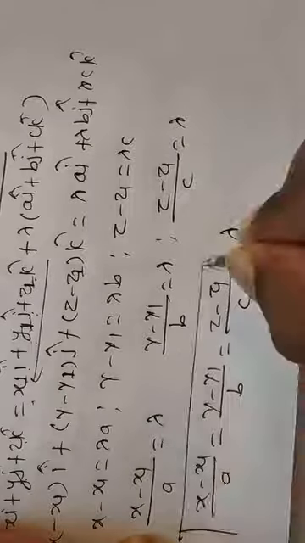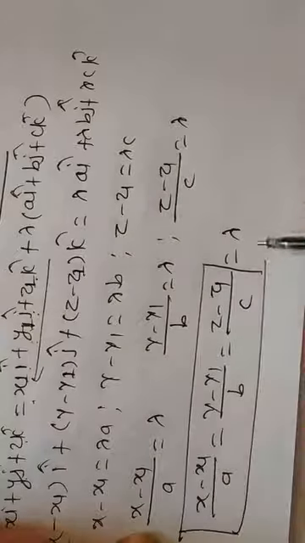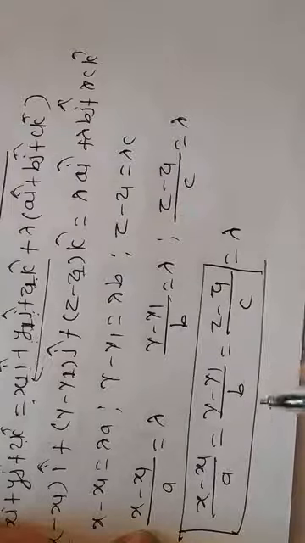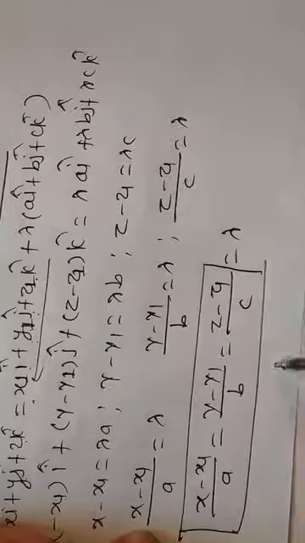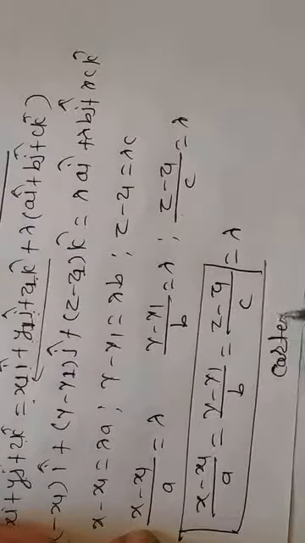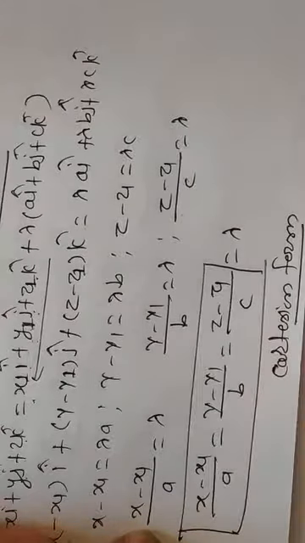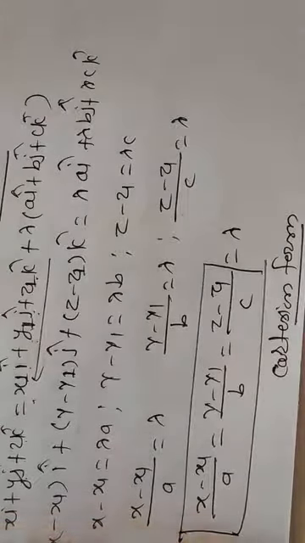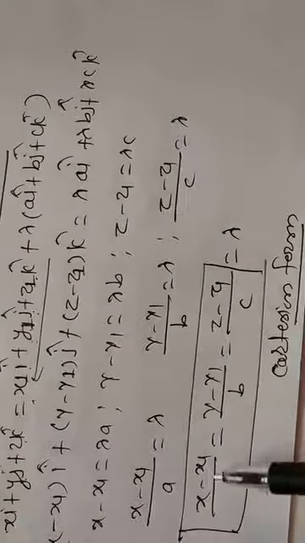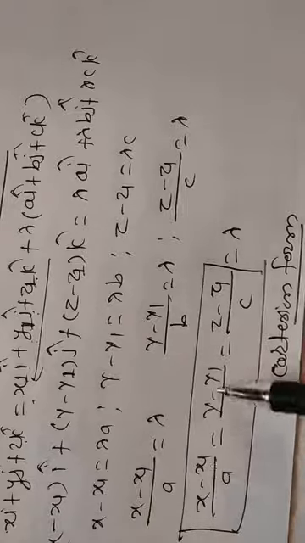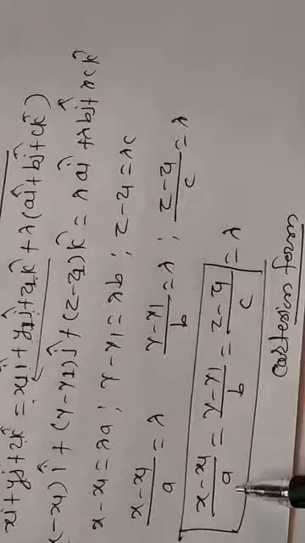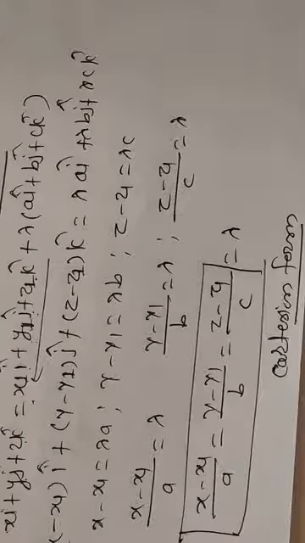This is the Cartesian form of a line passing through one point and having a parallel vector. We can directly write the point x1, y1, z1 and the direction ratios a, b, c of the parallel vector.